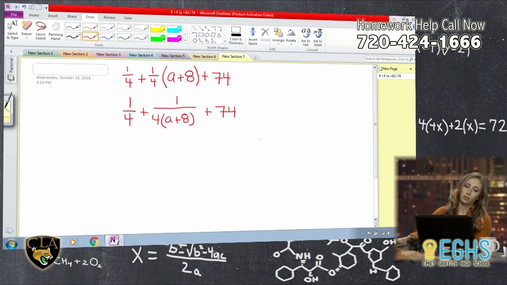That's going to be a way more complicated problem. It might not be best to distribute the 4 as well if we're combining common denominators.